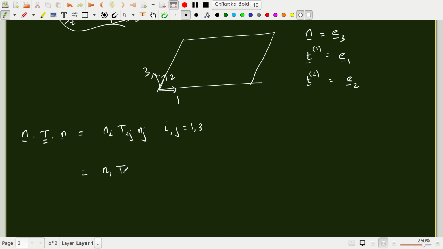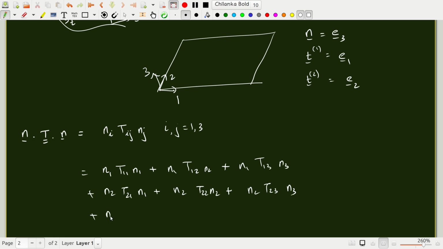So this is n1 T11 n1 plus n1 T12 n2 plus n1 T13 n3 plus n2 T21 n1 plus n2 T22 n2 plus n2 T23 n3 plus n3 T31 n1 plus n3 T32 n2 plus n3 T33 n3.